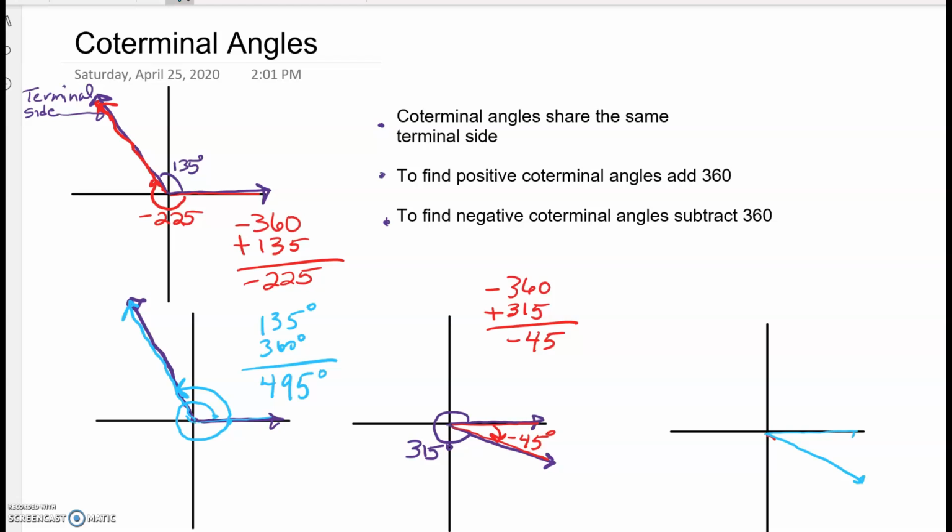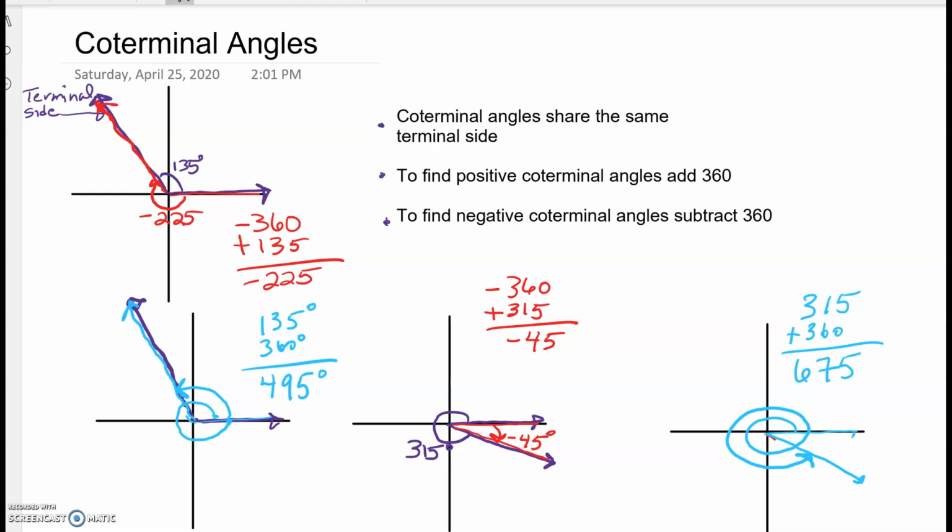Now this time, if I go around a full 360 and then I add another almost full turn to it, if I do 315 plus 360, then that adds up to 675 degrees.